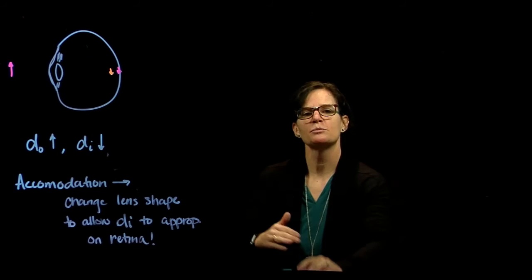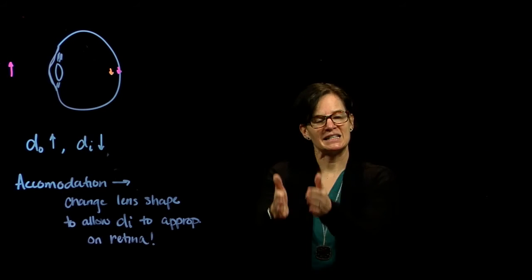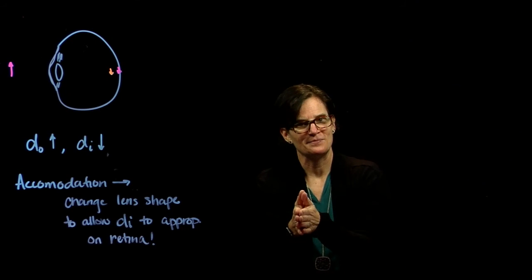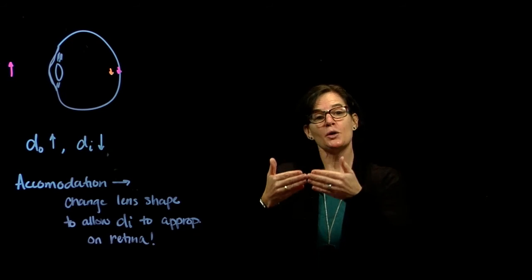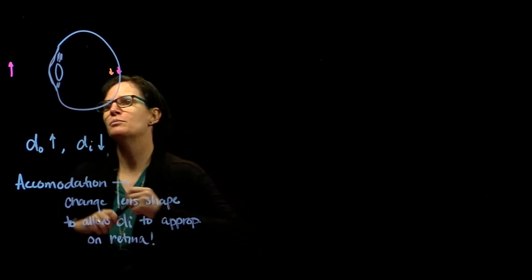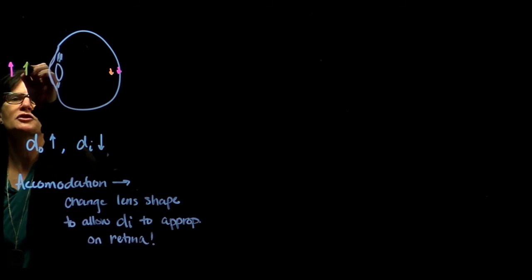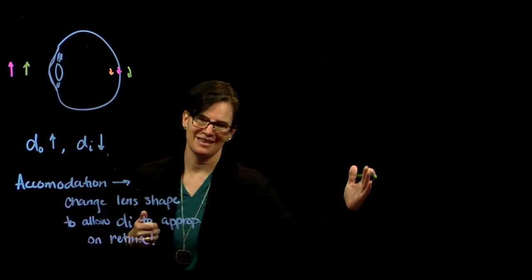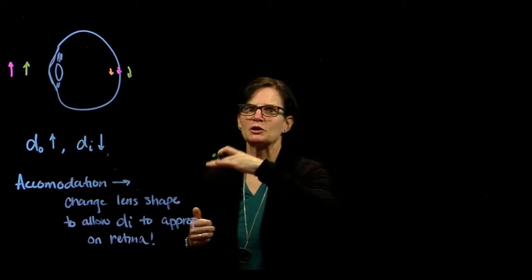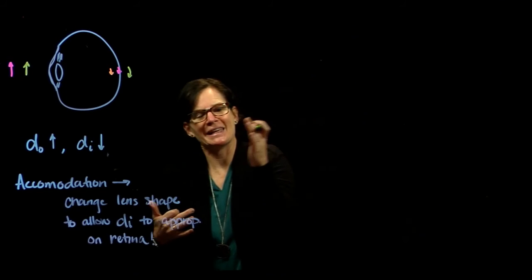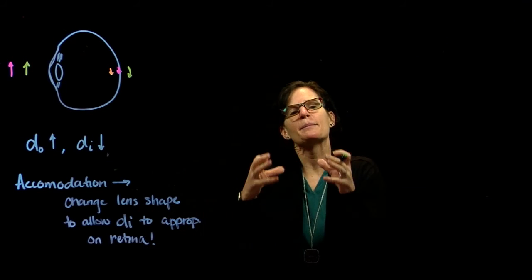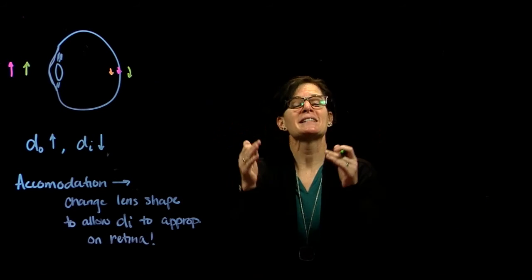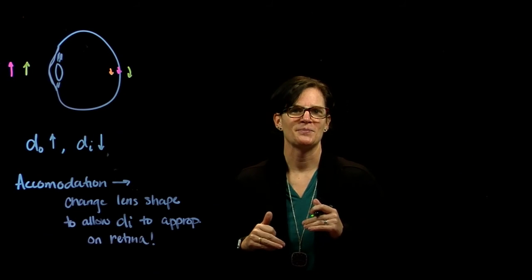So as objects move further away, our lens has to thin. It has to become less curvy. As objects come closer, the opposite is true. If I were to move this object closer to my eyeball, the image would get pushed behind the lens, and I need to bring it forward. So I need to make my lens curvier, causing the focal length to decrease and those rays of light converging earlier.